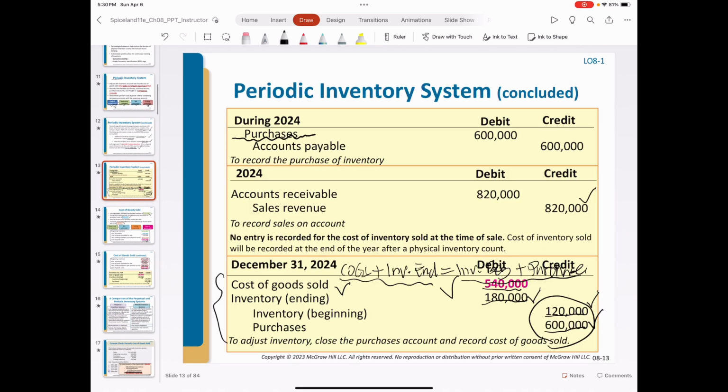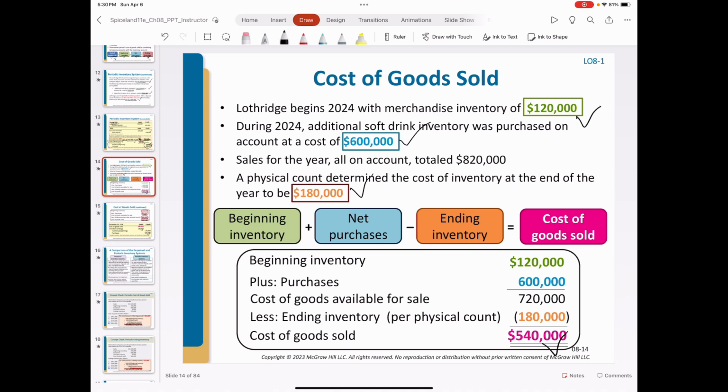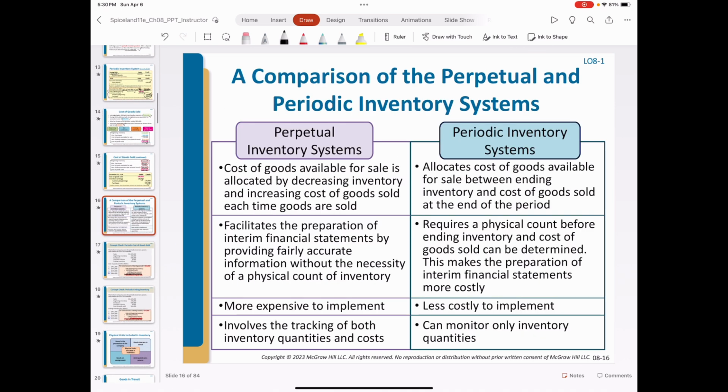The periodic inventory system does not track the purchase, return, sales, and so forth. It is less costly and easier. Usually it can be used by a small business because it is very simple accounting. So here is a summary of the difference between two inventory systems.